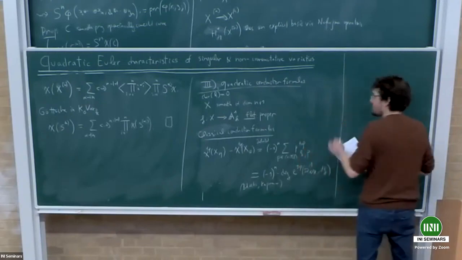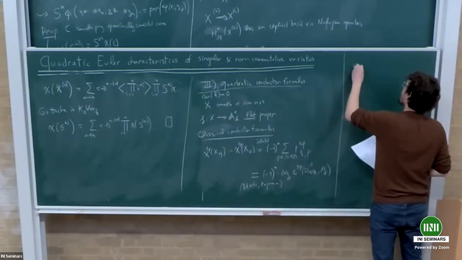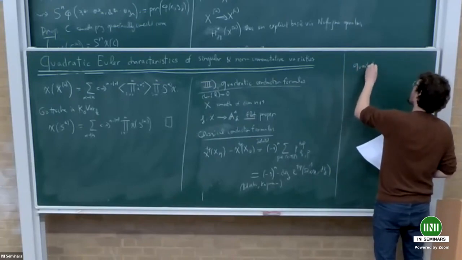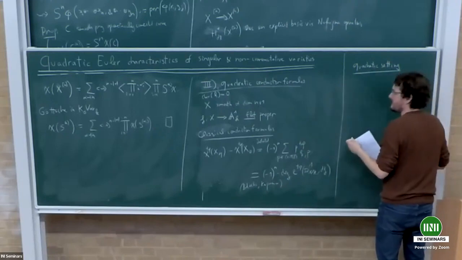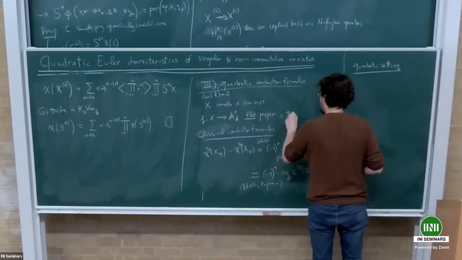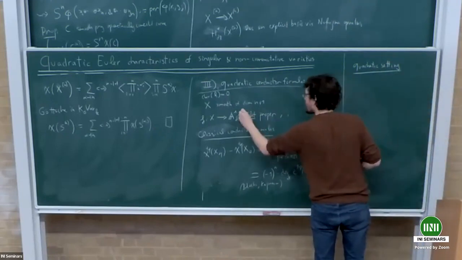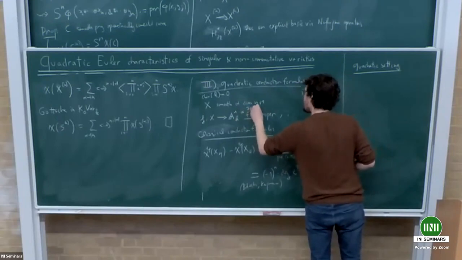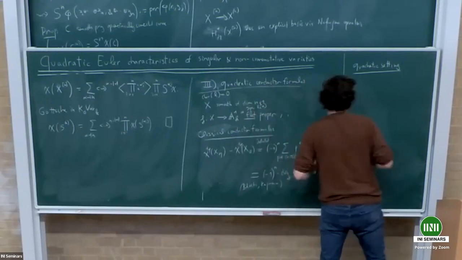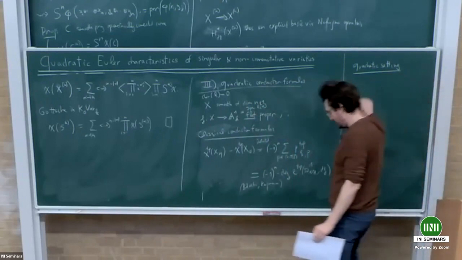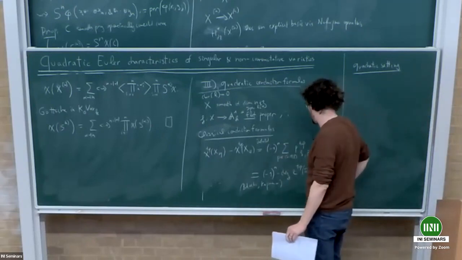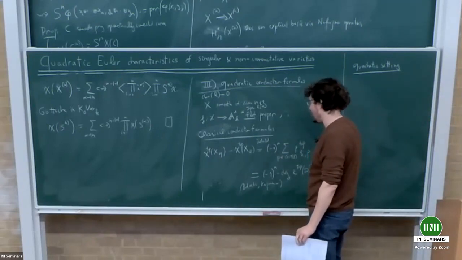Okay, so now the quadratic setting. T is my coordinate. Let's try to lift this formula to the quadratic Witt ring.